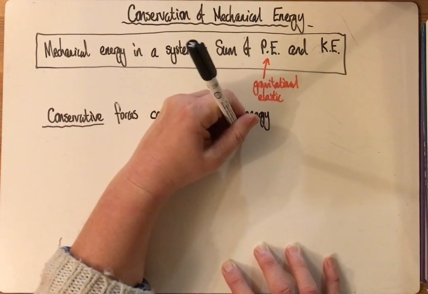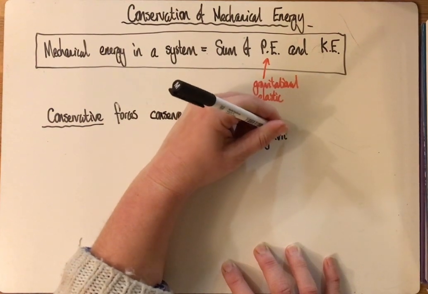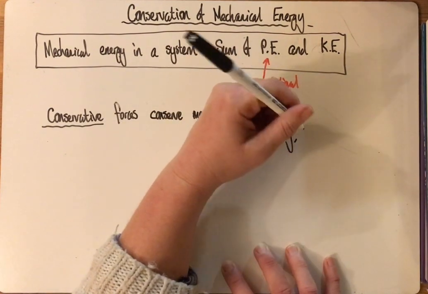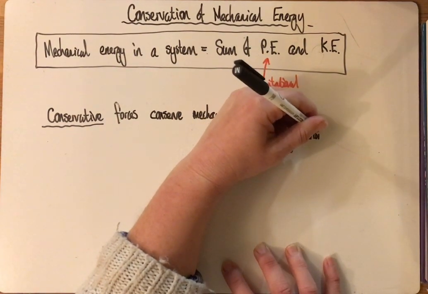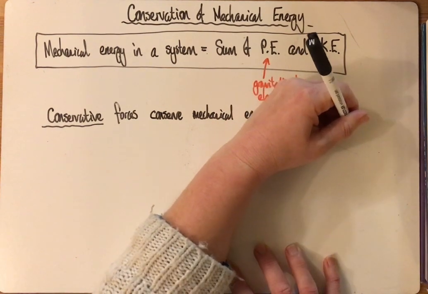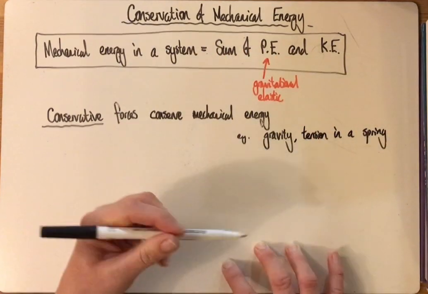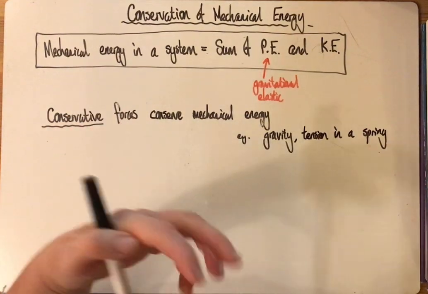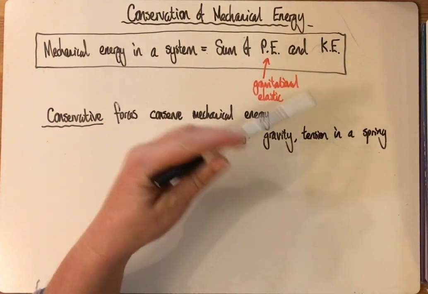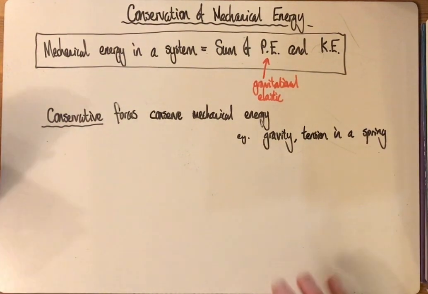So, for instance, gravity is a conservative force, and tension in a spring even, is a conservative force. So if you lose potential energy and there's no other forces acting, it will get converted to another form of mechanical energy. And that's what we're going to start by looking at today.